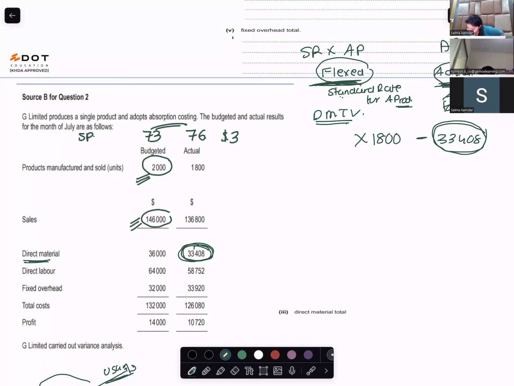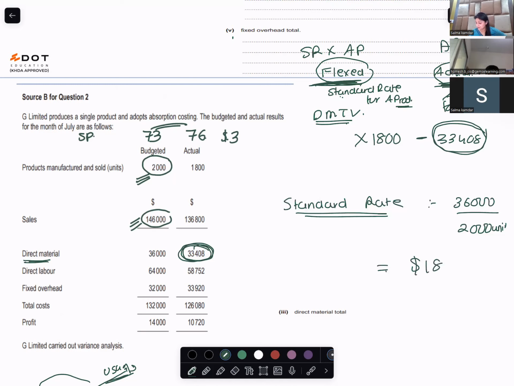I want to find the standard rate for material. We take 36,000 and divide it by 2,000 units.